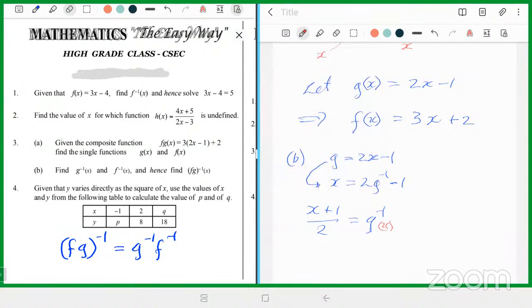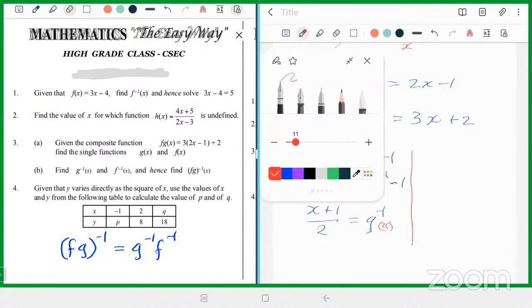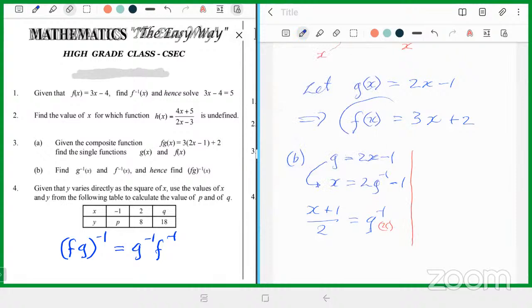I'm going to put the f to the minus 1 right beside it. So now we're finding f to the minus 1, so we're doing the inverse of this one. Start out again by saying f equals 3x plus 2, and we're going to inverse it. When we inverse this, the f, which is range, becomes domain on the inverse, equals 3 times the x, which is domain on the function, becomes range on the inverse.